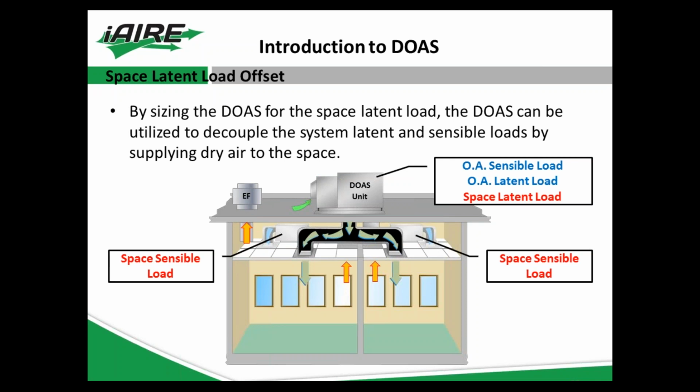Like I just mentioned, this is a slide on offsetting the latent load of each space using your DOAS system. You're going to use your DOAS system to control the entire outdoor air sensible load, the entire outdoor air latent load, but then you're also going to use it to do all of the space latent load or part of the space latent load.